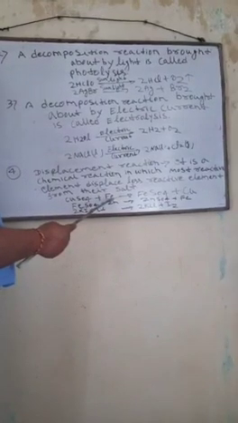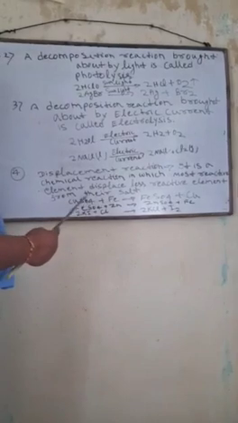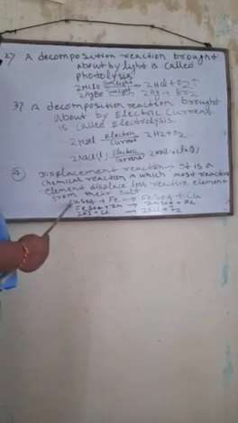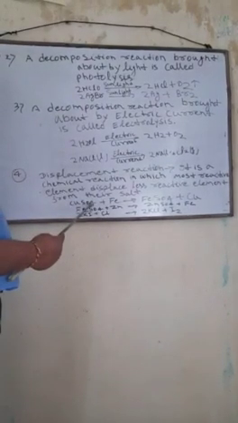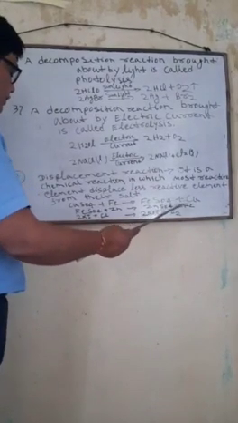Here iron is more reactive than copper, so it displaces copper from copper sulfate to form FeSO4 plus Cu.